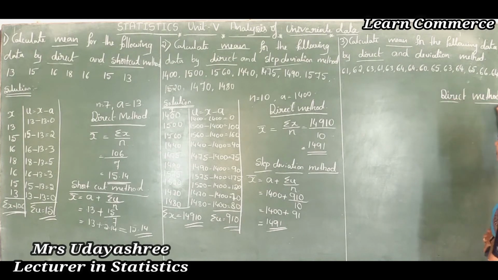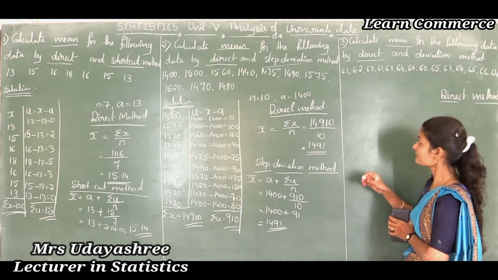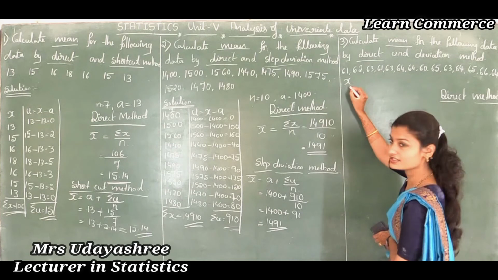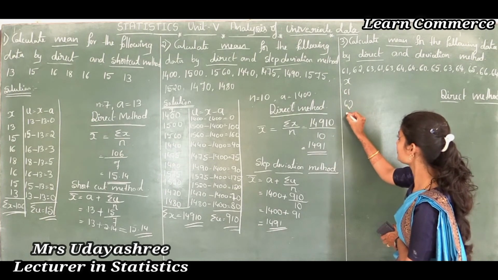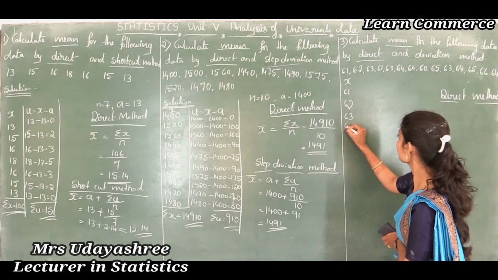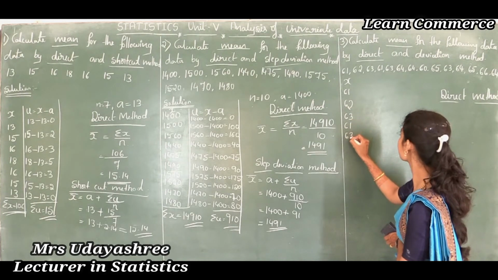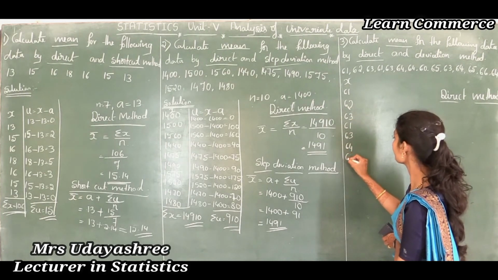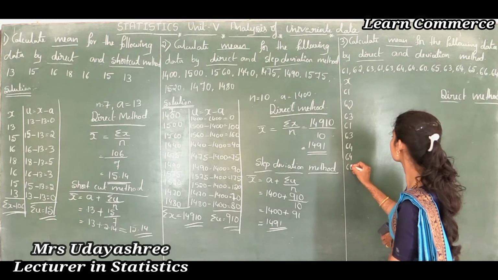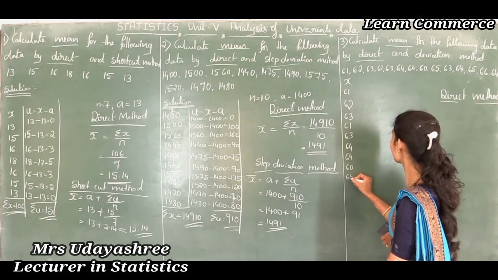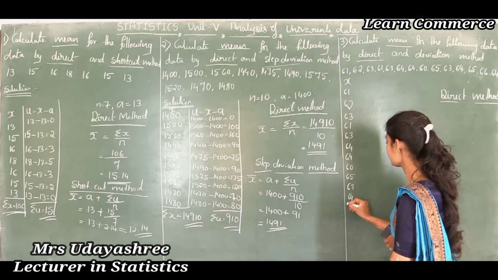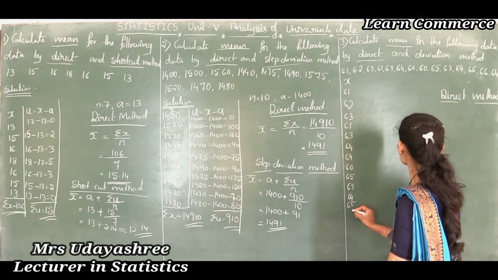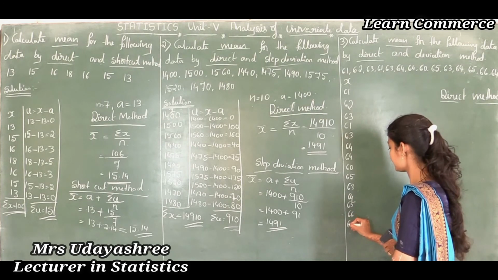Here the given x observations are 61, 62, 63, 61, 63, 64, 64, 60, 65, then 63, 64, 65, 66 and 64.